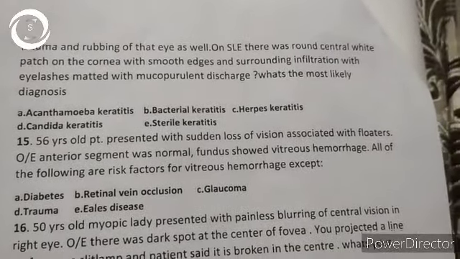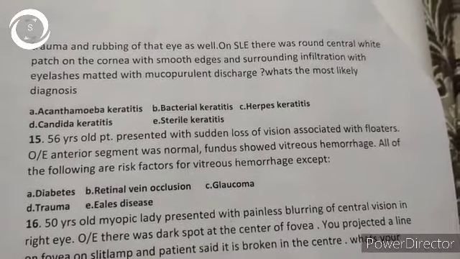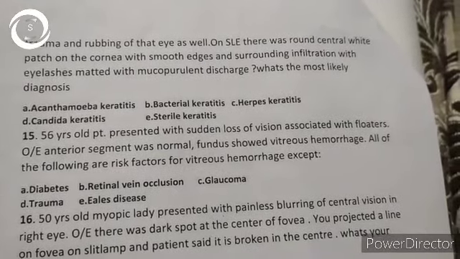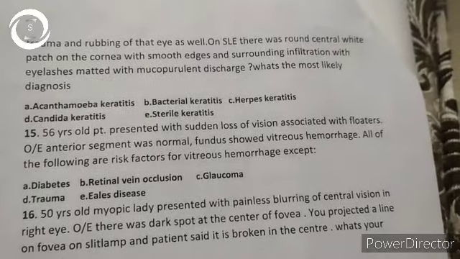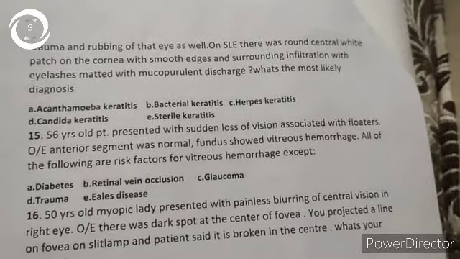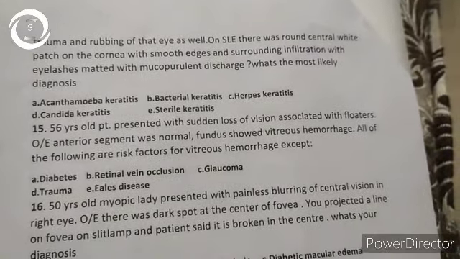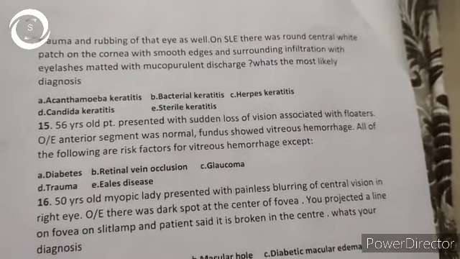So fingernail trauma to the cornea, on slit lamp examination there is a round central white patch on the cornea with smooth edges. Now edges are smooth, central white patch, it means it's a corneal ulcer with smooth edges and surrounding infiltration, and there is a mucopurulent discharge. So it's a bacterial keratitis.